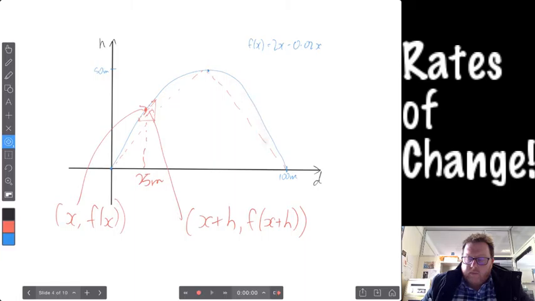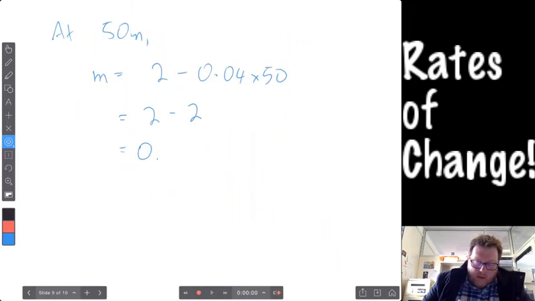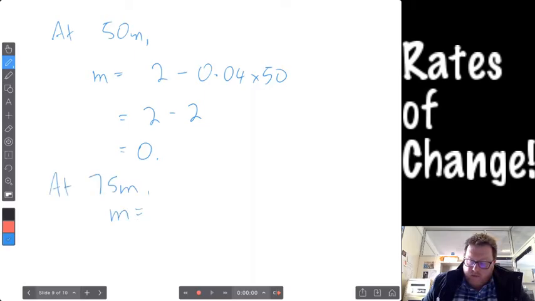If I look at 75 meters, what's happening to the ball's rate of change at 75 meters? I can do that too. At 75 meters, the gradient is 2 minus 0.04 times 75.